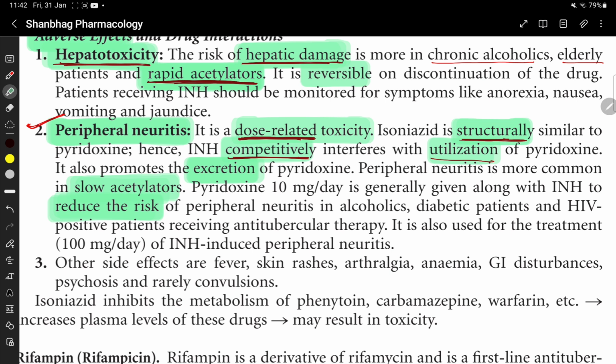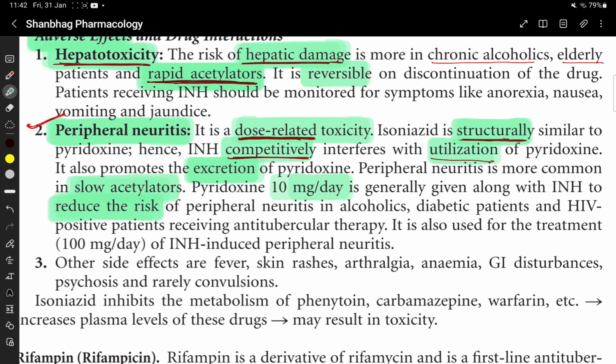So pyridoxine 100 mg is generally given along with isoniazid to reduce the risk of peripheral neuritis in alcoholics, diabetic patients, and HIV positive patients. Isoniazid के कारण पायरिडॉक्सिन का इफेक्ट कम होगा, उसका एक्सक्रीशन भी इंक्रीज होगा, जिसके कारण पेरिफेरल न्यूराइटिस होता है.